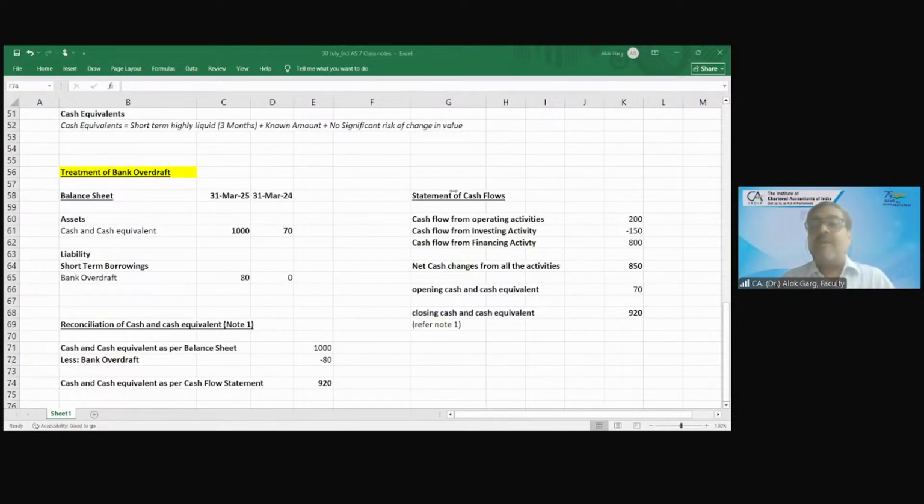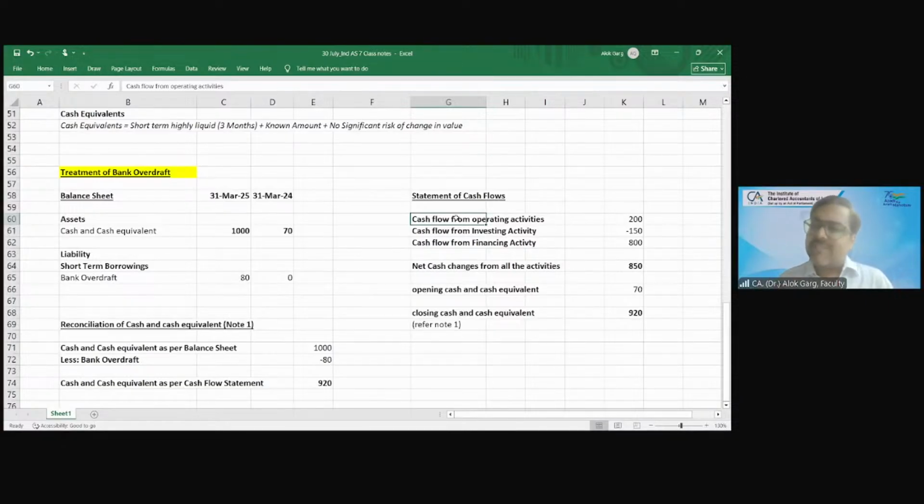Question number 2. Can the cash and cash equivalent be negative in your cash flow statement? It can be negative. For example, you have zero cash and cash equivalent.